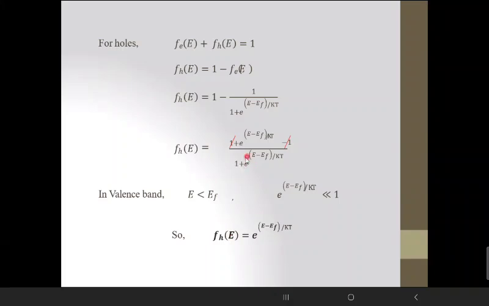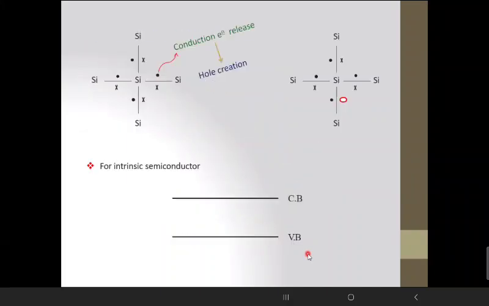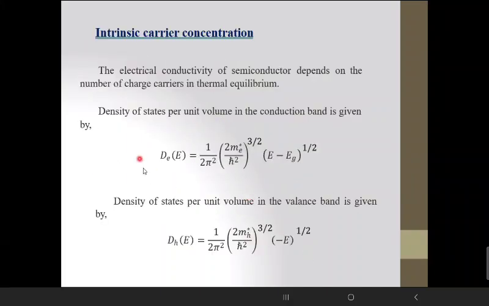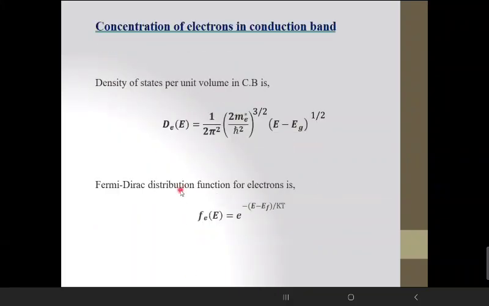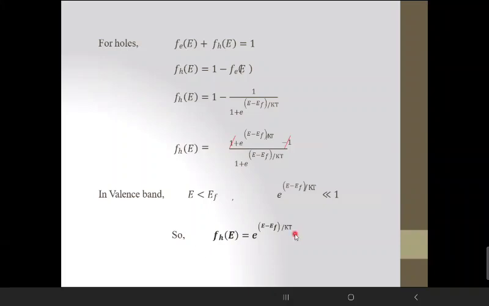So you can omit this term and FH(E) is exponential of (E minus EF) over KT. So these derivations are important. First, you need to find out density of electrons, density of holes, and Fermi function of electrons, Fermi function of holes. These 4 equations are very, very important.